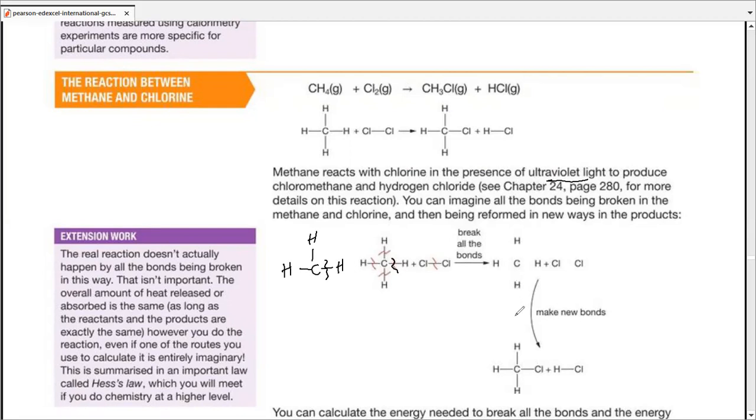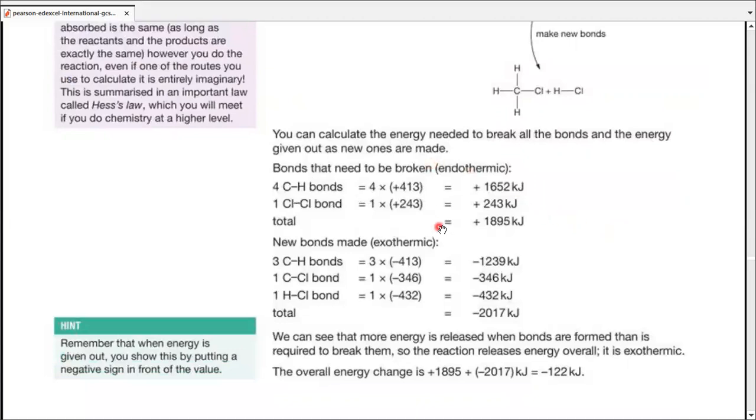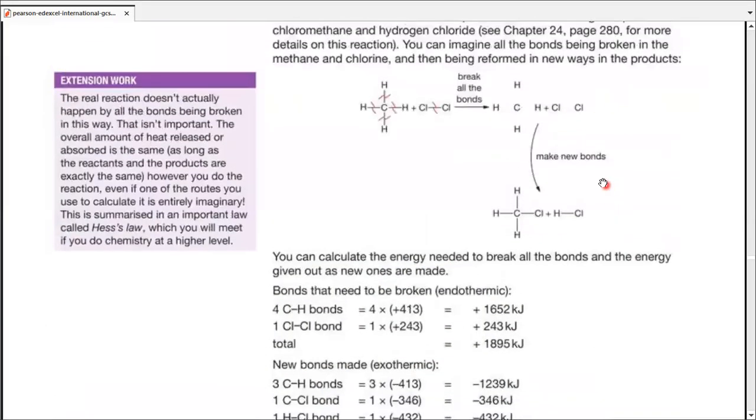You would notice all the bonds in methane and chlorine have been broken down to make new ones. Now, how are we supposed to calculate? One simple method is to calculate all the bonds that have been broken down and all the ones that have been made new, and then finally the difference in order to calculate your answer. So we are going to do that.